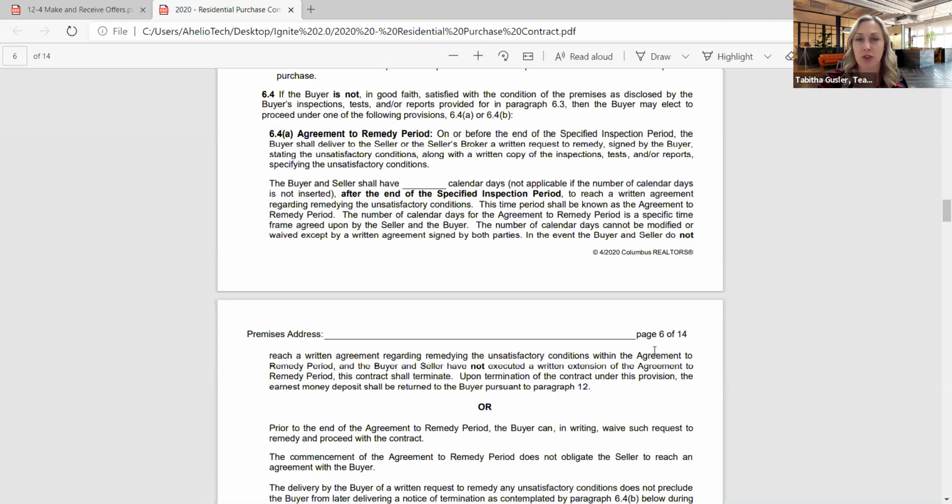So from an instructor standpoint, what I'll say is you should be writing all your offers on this. If you get an offer on your listing that's on different paper, or if they counter you on different paper, you immediately contact your broker to work closely with them to make sure that you and your clients understand exactly how to interpret that contract in a way that you can still get your client the house.